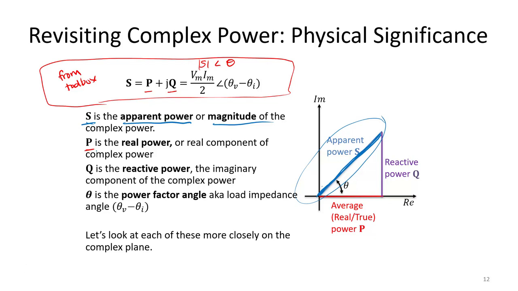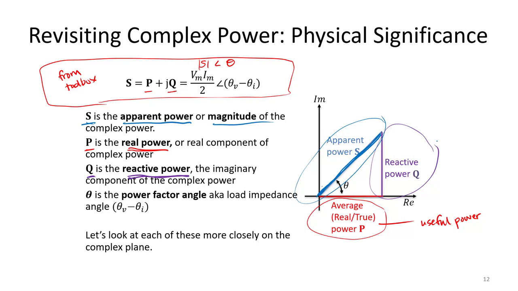Next we have P. P is the real power, or the real component of complex power. This is the power that we can actually use. So we generally want the P value to be as high as possible. Next we have Q, which is the reactive power. And Q is the imaginary component of the complex power.